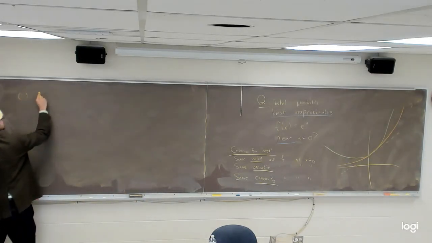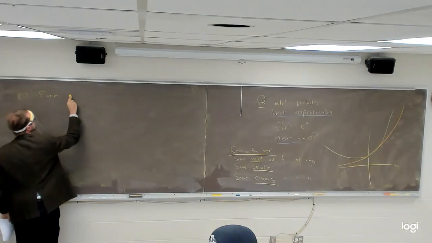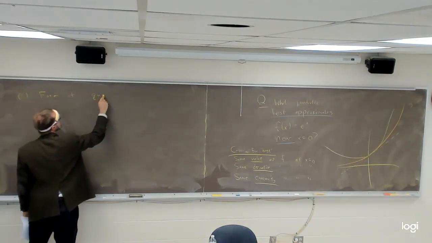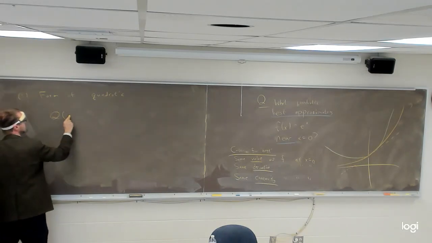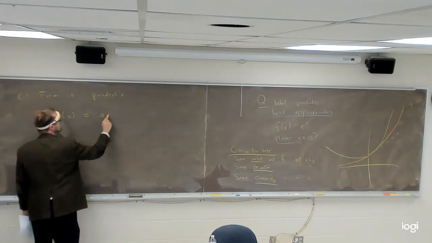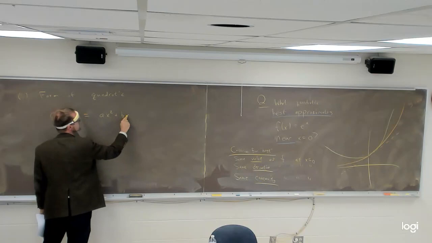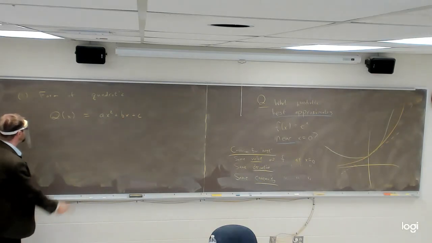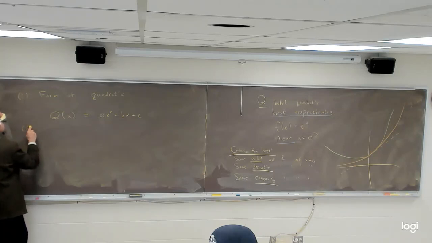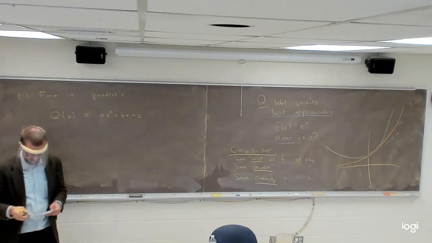One, the form of the quadratic. A quadratic polynomial is going to have to look like q of x equals ax squared plus bx plus c. That's what a quadratic is. So our mystery quadratic has this form. I'm trying to solve for a, b, and c.